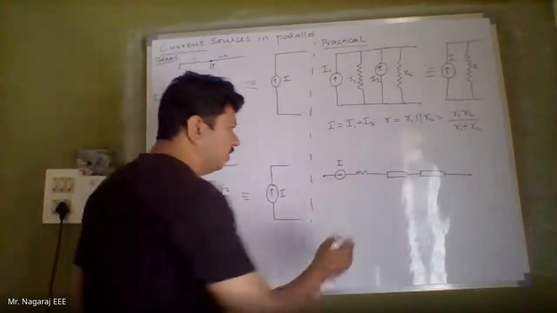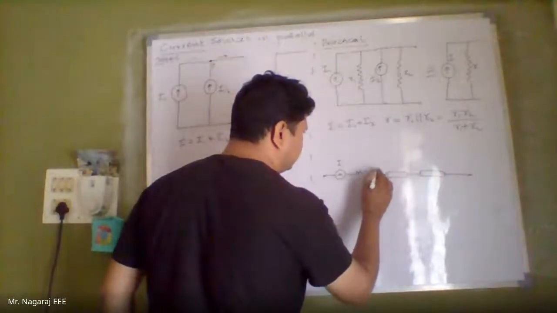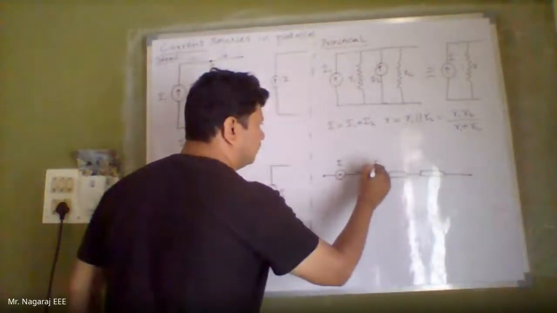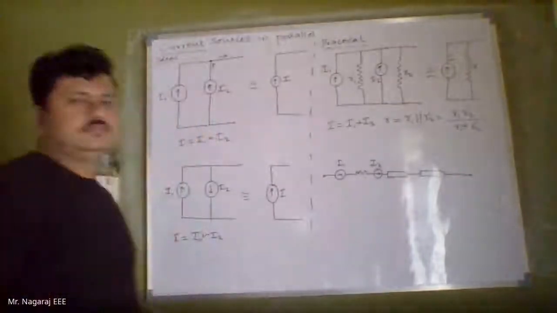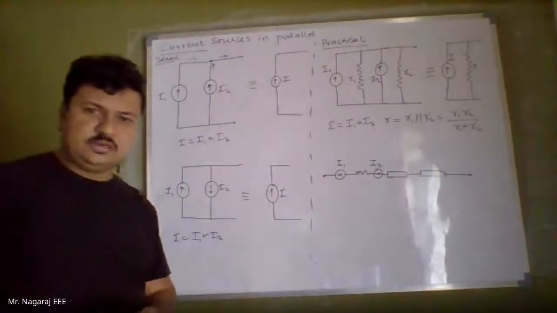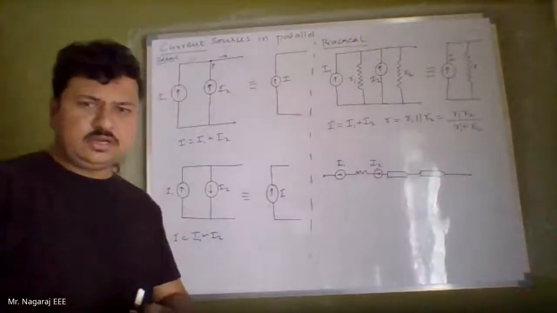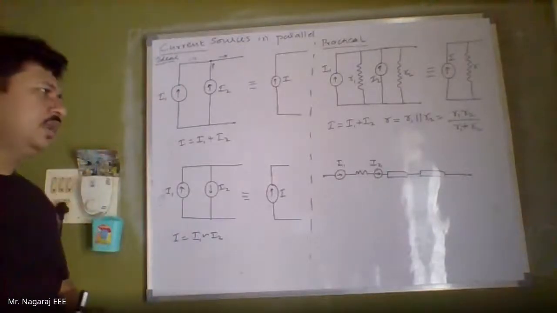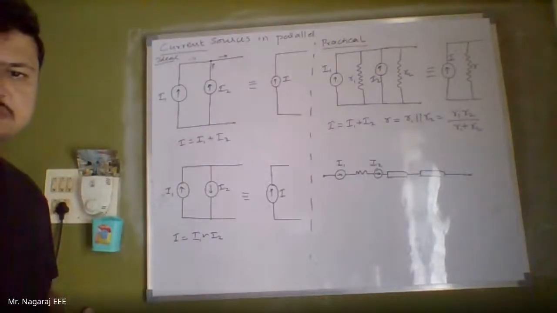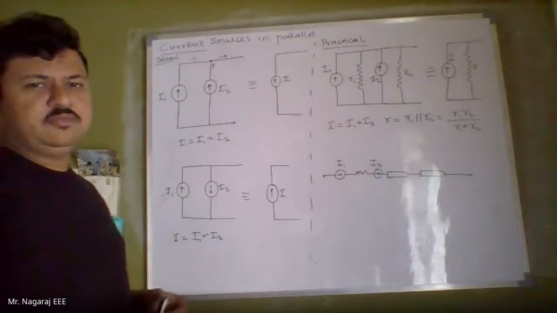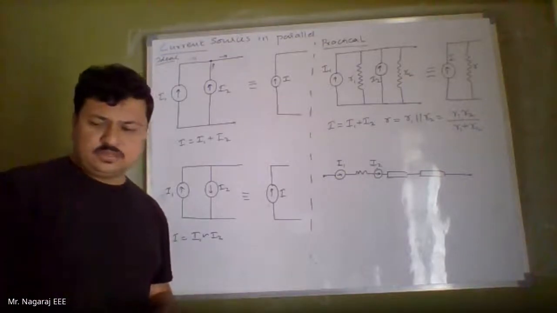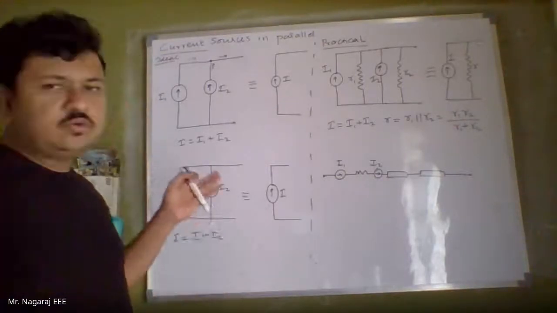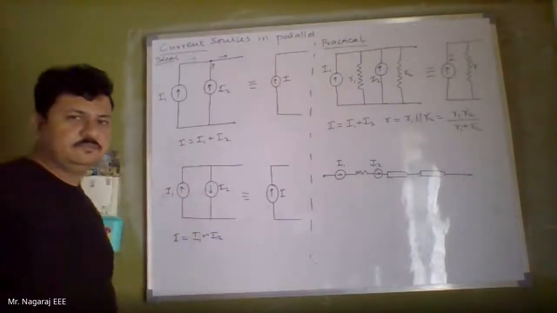Now what if I add one more source? Which current has to be taken? Should I take I1 as the common current in all the components, or I2? That is the practical ambiguity we look at. So we'll see what happens when two current sources come in series.